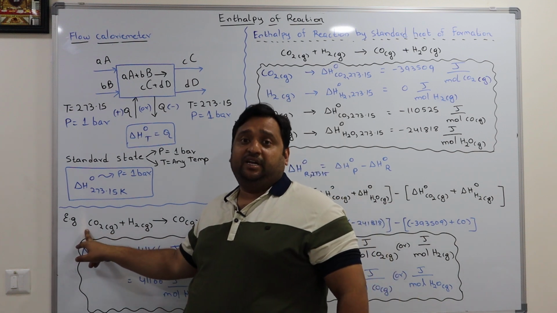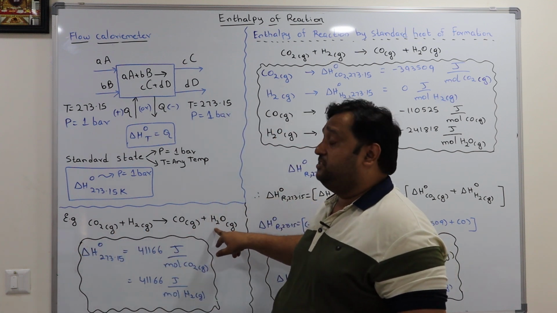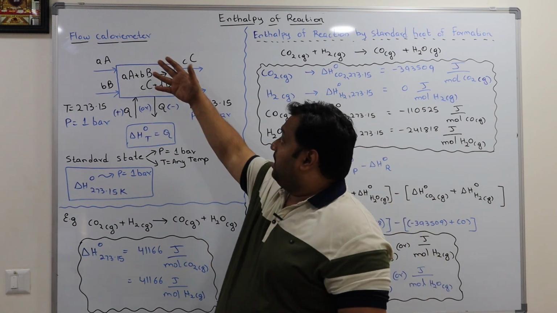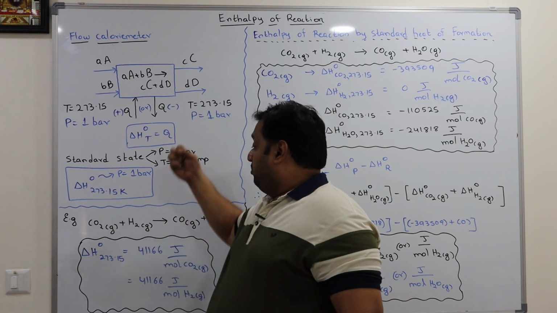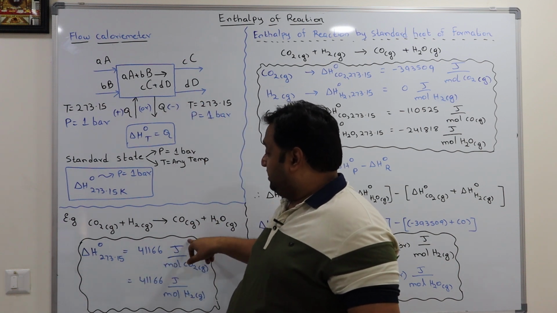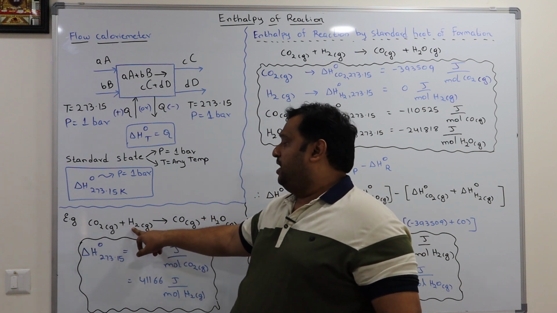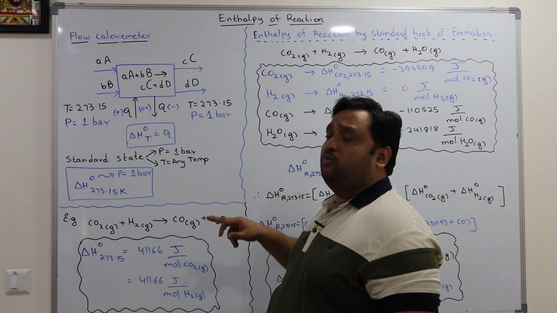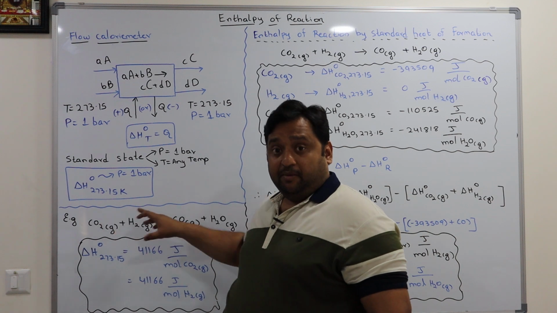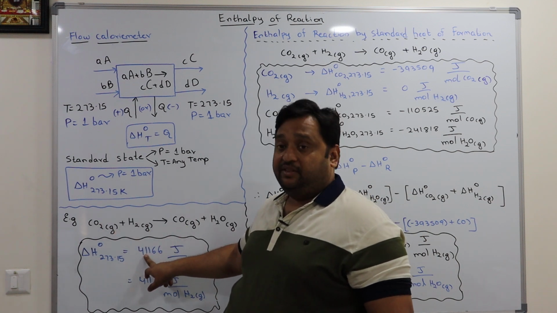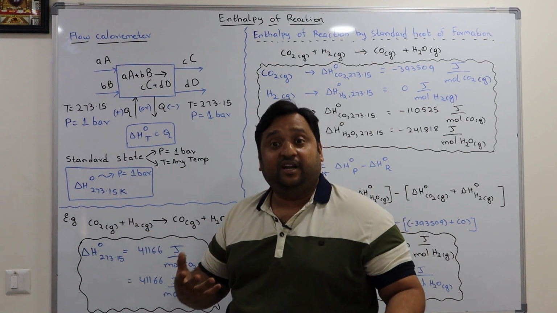Imagine you have conducted this particular reaction: CO2 gas plus hydrogen gas gives rise to carbon monoxide gas plus water gas, in the flow calorimeter. From this, the enthalpy, that means the amount of heat, is 41166 joule per mole of CO2. That means 1 mole of CO2 plus 1 mole of hydrogen gives rise to 1 mole of carbon monoxide plus 1 mole of water. If you conduct this reaction in stoichiometric amounts, whatever value you get is per mole of CO2 reacted, or per mole of hydrogen reacted.